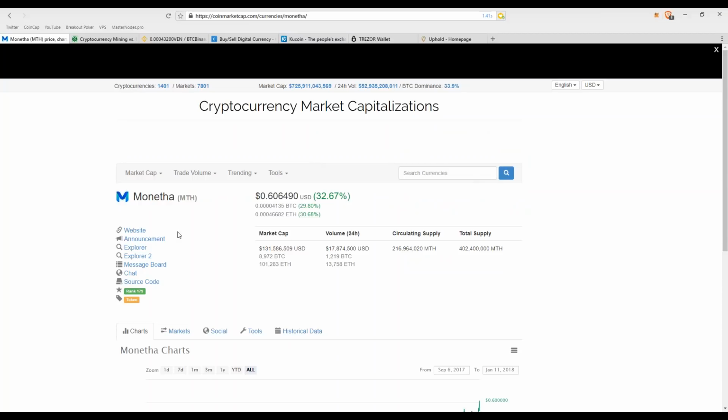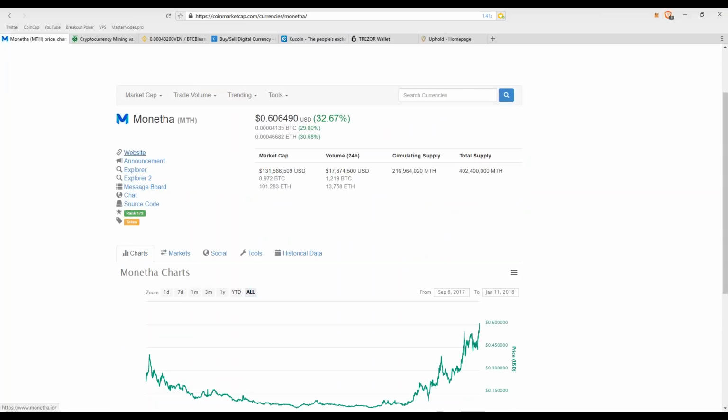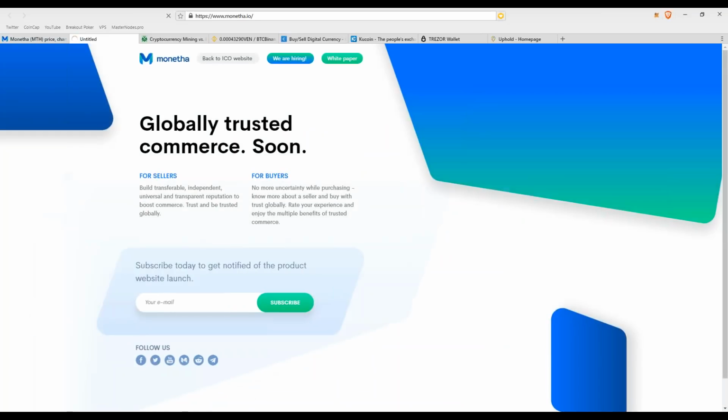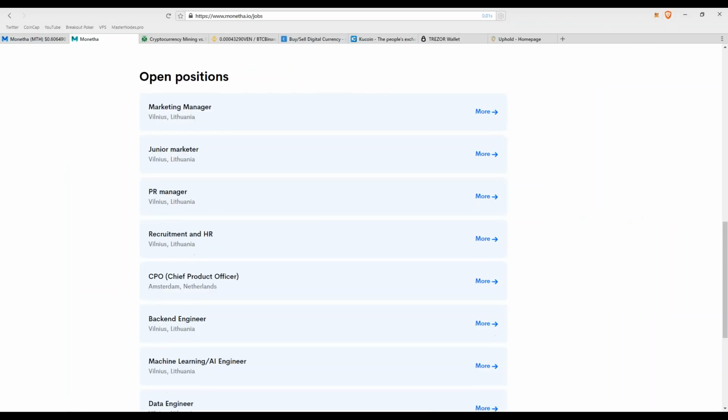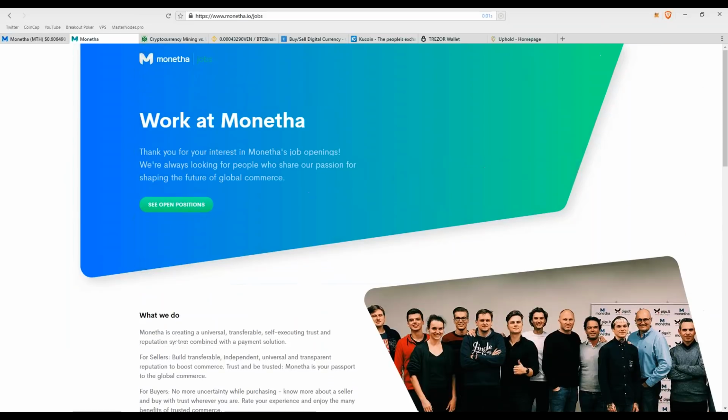So all I do is I take a look at these coins that are up, and I click the website. I go, okay, what is this? Do I understand what the business model is? Does it look like there's legitimate people behind it? I have no idea, these guys are in Lithuania. I look at it really quick and I see, okay, what's the product? What are they creating?